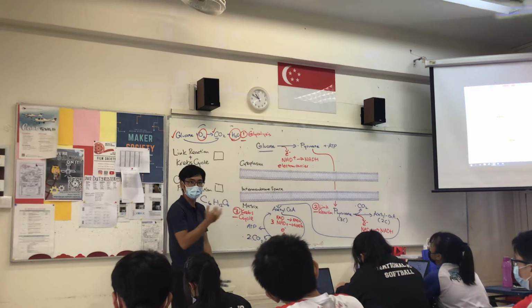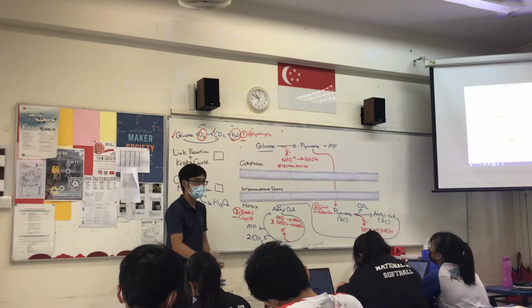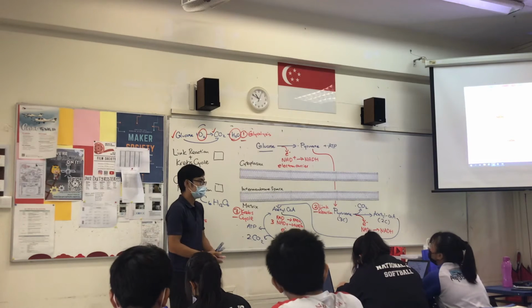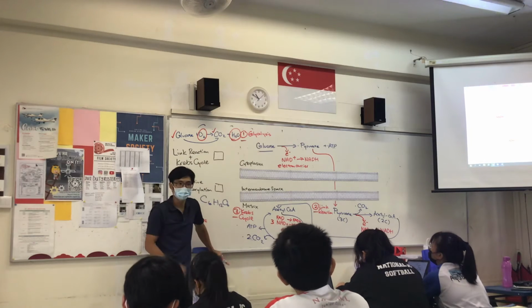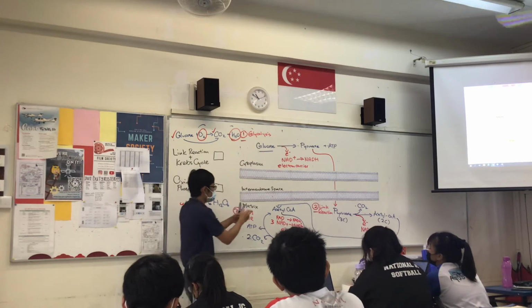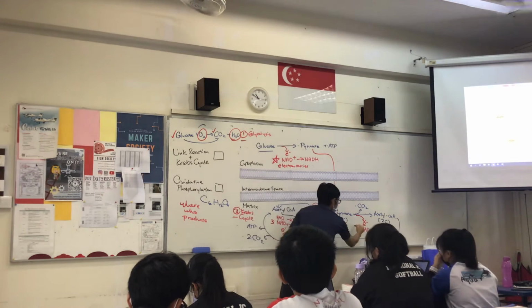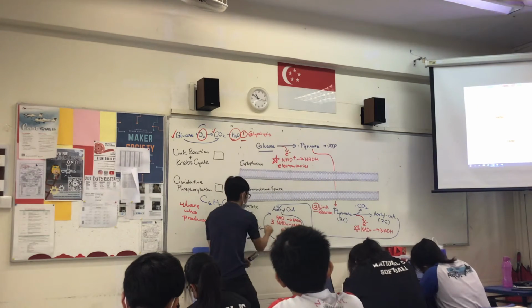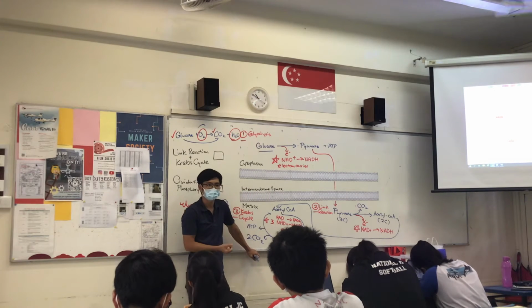And every step of the way, we oxidize glucose a little bit more, a little bit more, a little bit more, right? Remember, after all, what we are doing right now is oxidizing it step by step. So if you want to take note, this is the thing you want to take note of. In every single step, we oxidize glucose a little bit more. We pull out a little bit more electrons in every single step.